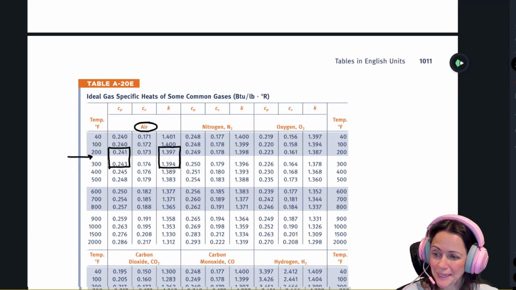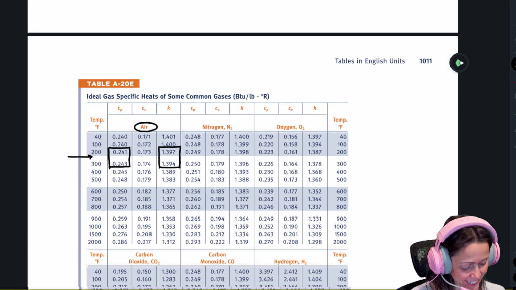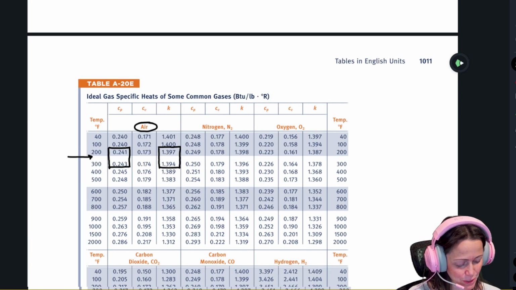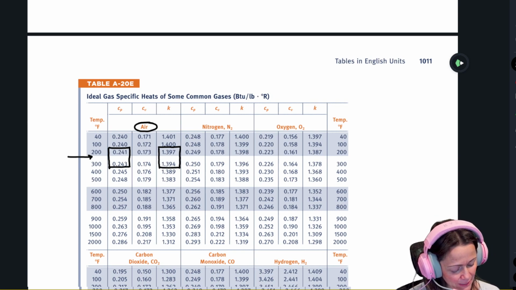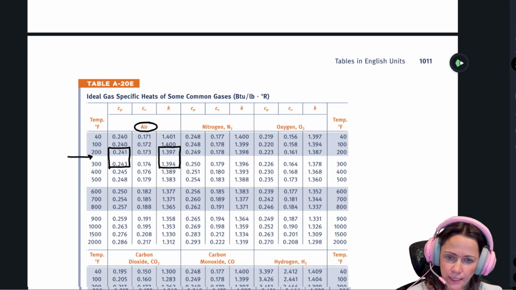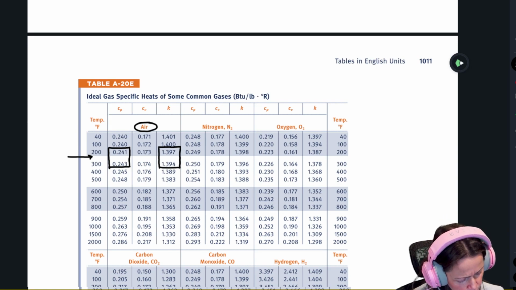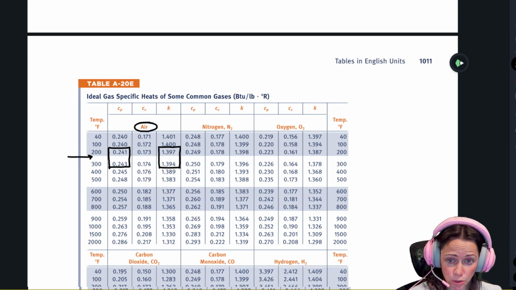So I realized that I had interpolated between 100 and 200, and I should have done between 240. So anyway, since I fixed that, we're going to need our CP value and our K value, and I ended up getting a CP value of 0.242 and a K value of 1.396.